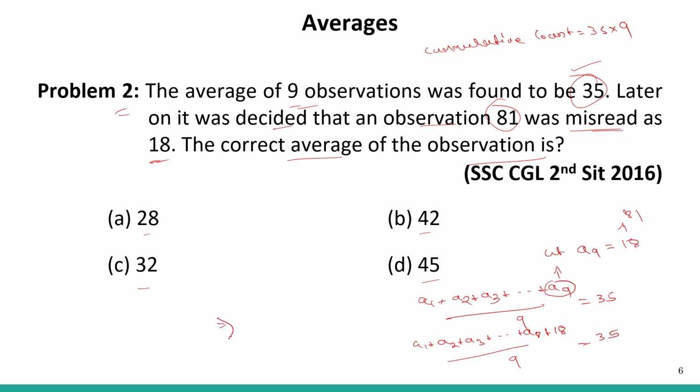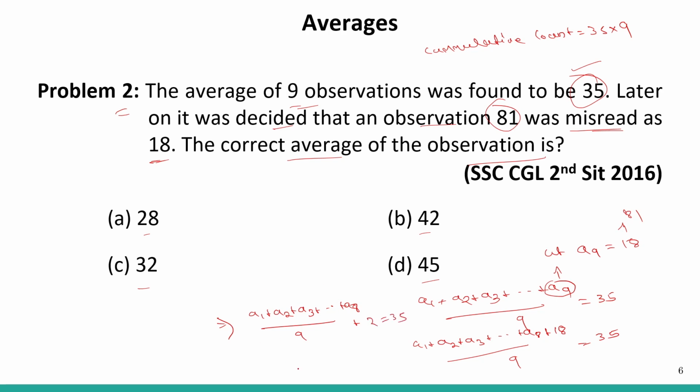So this implies, how much will be the average of the 8 other than that 18? It will be A1 plus A2 plus A3 plus dot dot dot plus A8 by 9 plus 18 by 9, which is 2, is equal to 35.